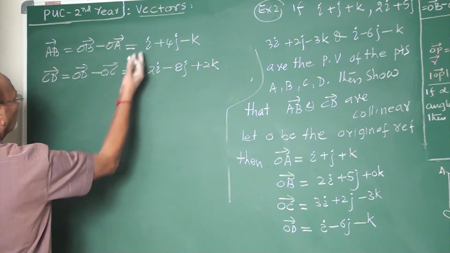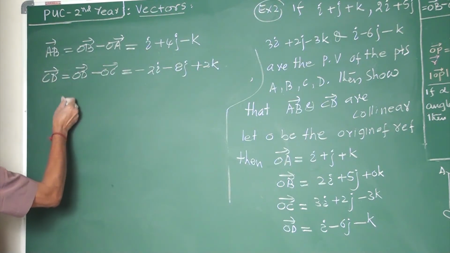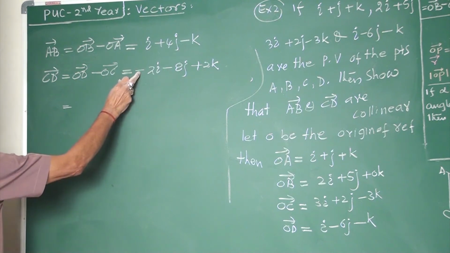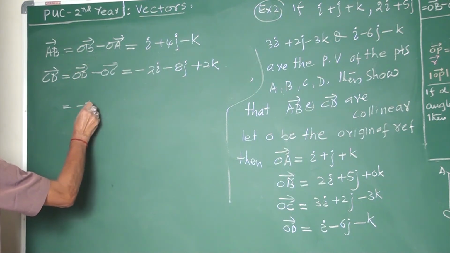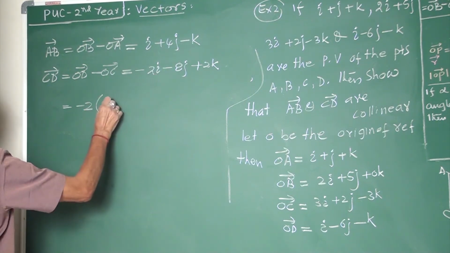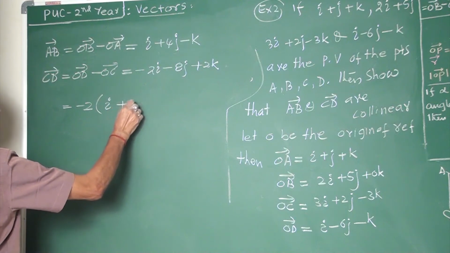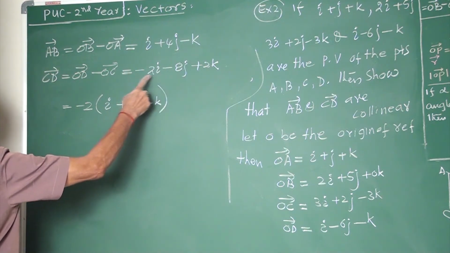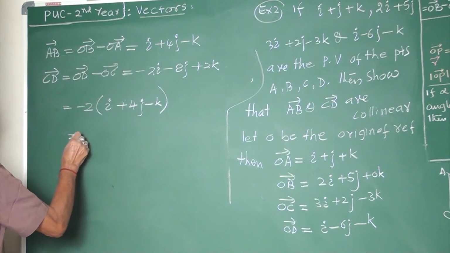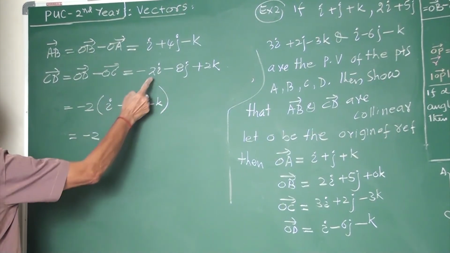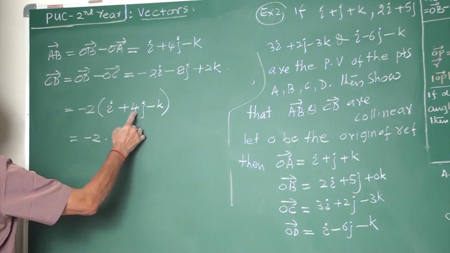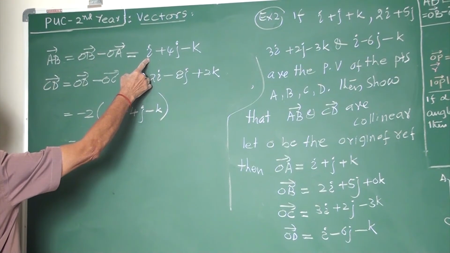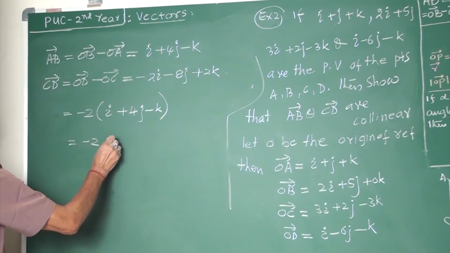Yes, here itself we can know the relation. So CD can be written by taking minus 2 common: minus 2 into, what is this, my friend? i plus 4j minus k. And i plus 4j minus k is vector AB.